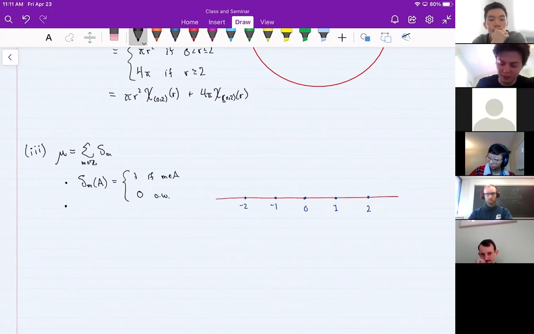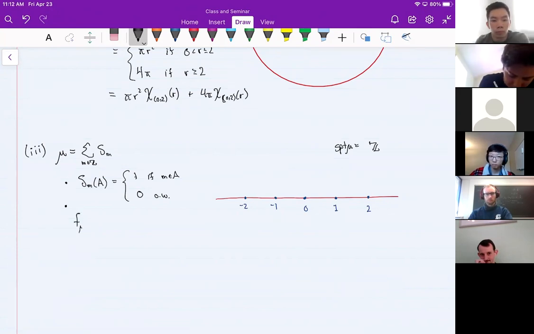Okay, and so I should write in this case the support of mu is just the integers. So when I'm considering the distribution function here, I'm just considering balls centered at these points. So if I want to write f mu, well, what happens at first?